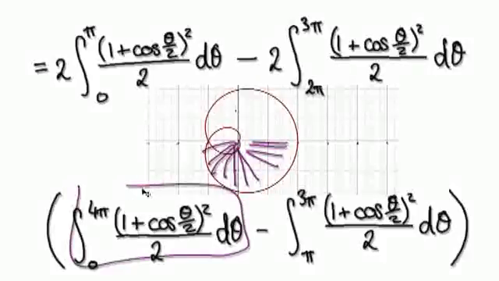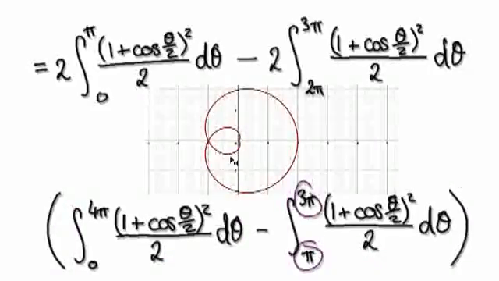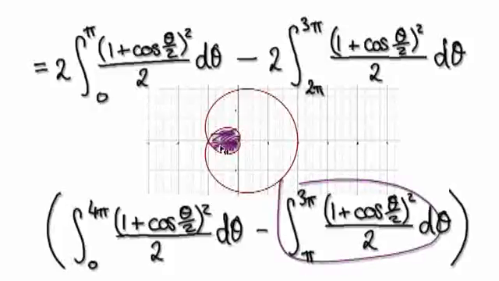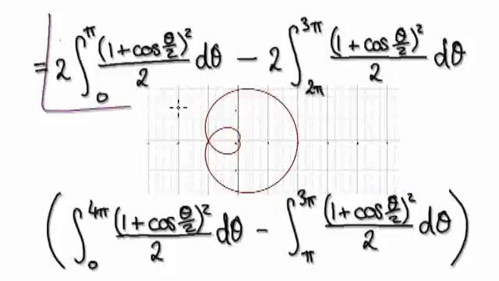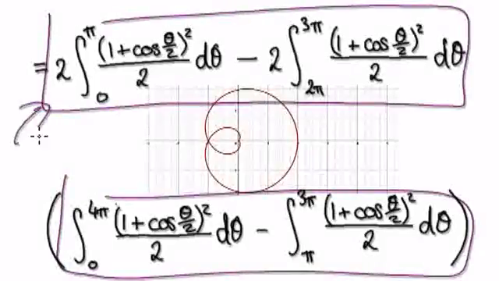So that will then give us this thing here, and then you take away from pi to 3 pi. So that's this bit here. You sum up everything here, and then you sum up everything here. So you've got to take that bit. You've got a choice. You can either do this or you can do this. Let's carry on from here.